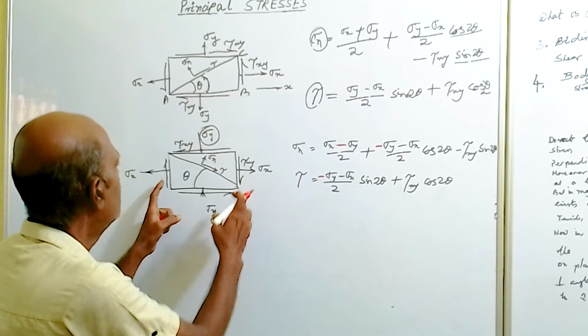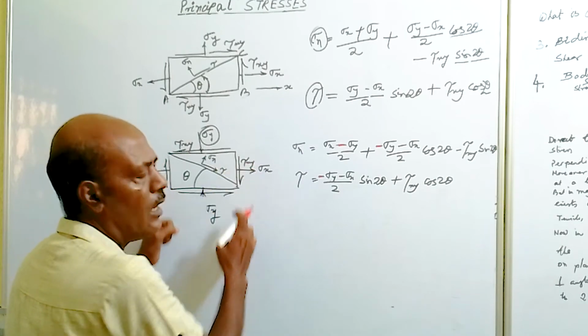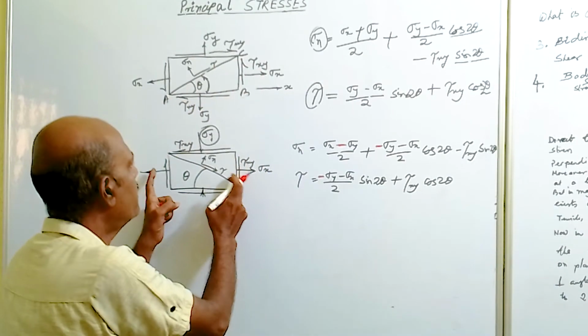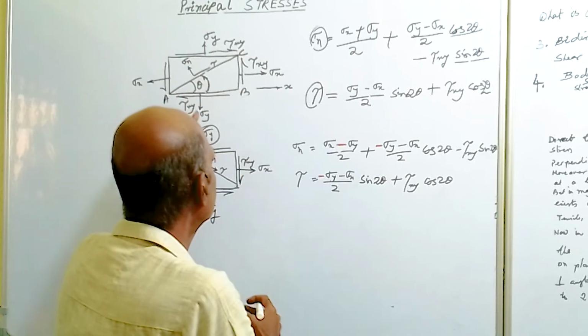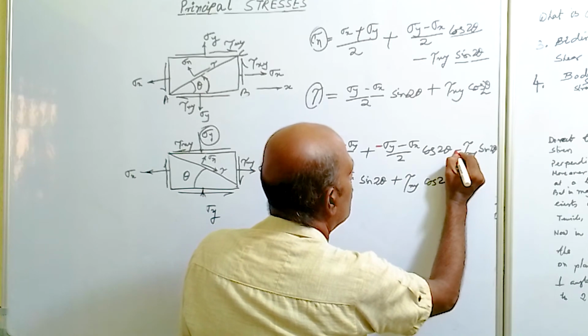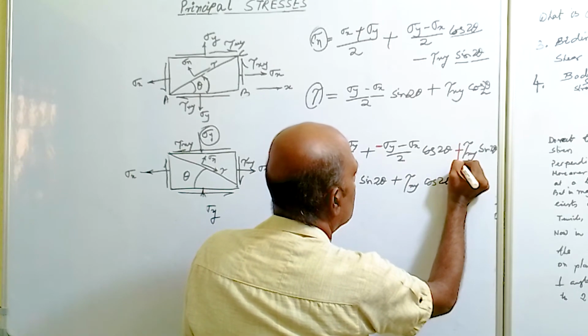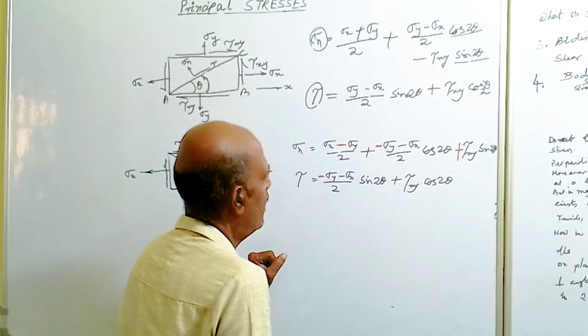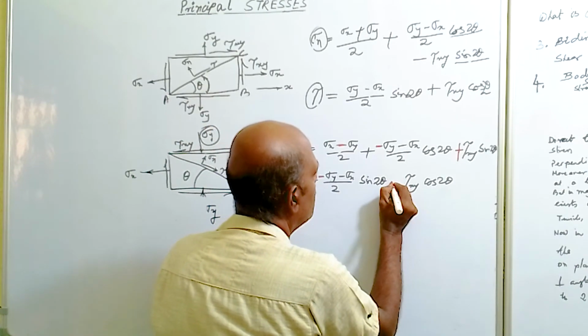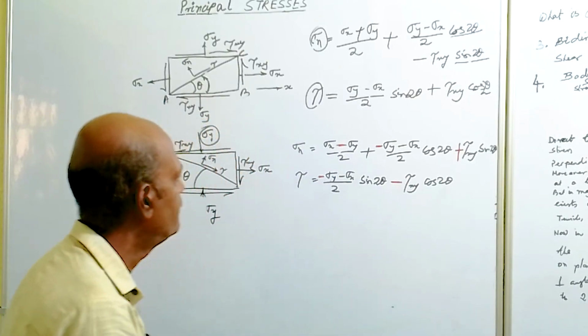The next amendment is tau. In the original case, tau is in anti-clockwise sense, but here tau is in clockwise sense, so we have to put the negative value for tau. So instead of minus, it will be minus into minus, plus. Similarly, this one will be plus into minus, so this will be minus.